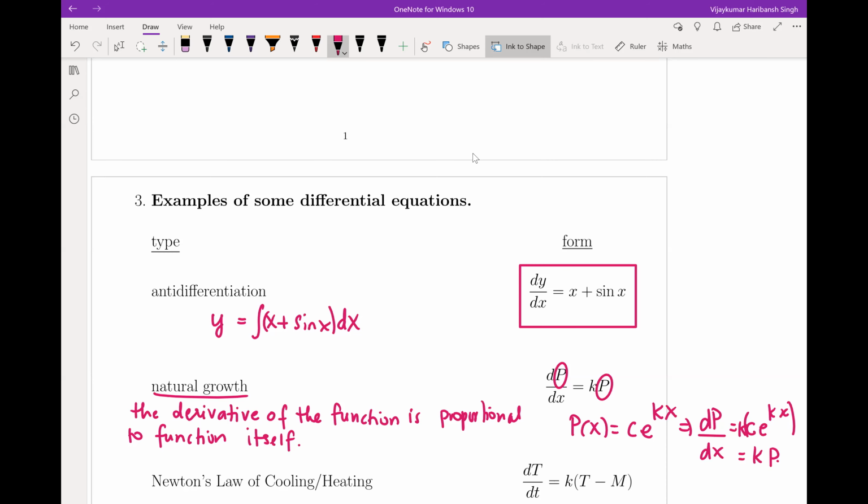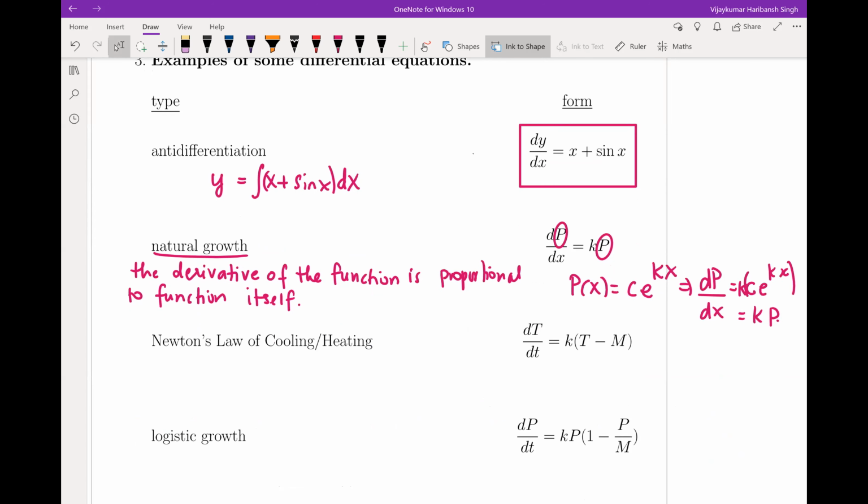You have seen this example in population growth. Another example is from Newton's law of cooling. If we let y equal T minus M, this gives us dy by dt equals ky, and then this reduces to solving a natural growth problem.